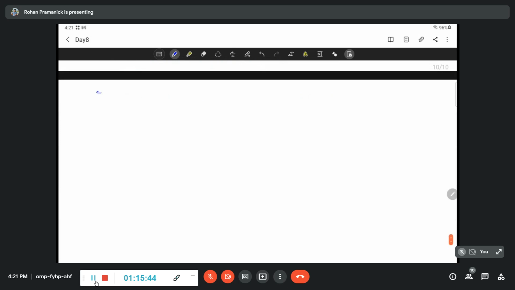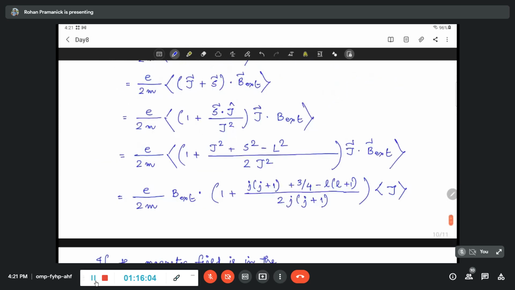So if this B is in the Z direction, so let's say B is in the Z direction, then if the magnetic field is in the Z direction, okay, so again I missed some h-bar.